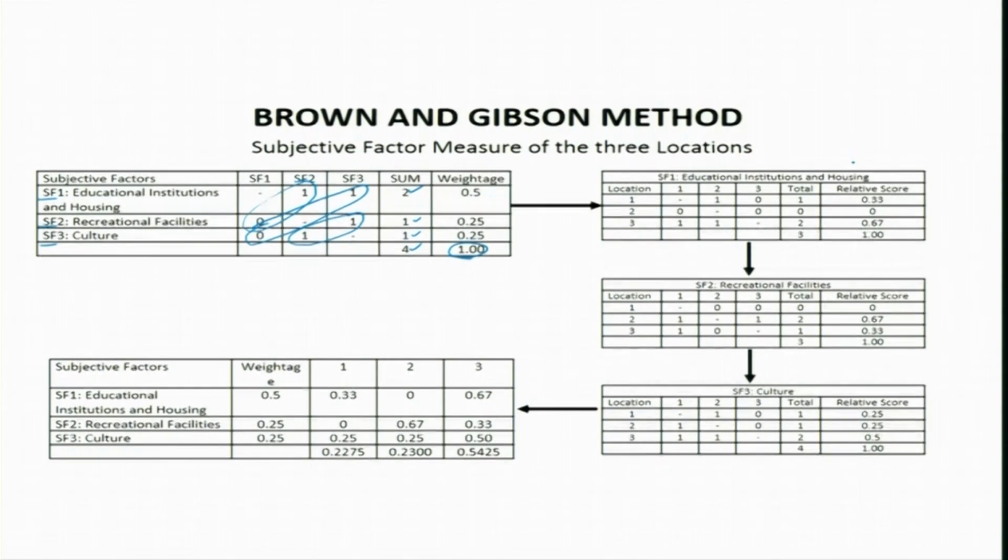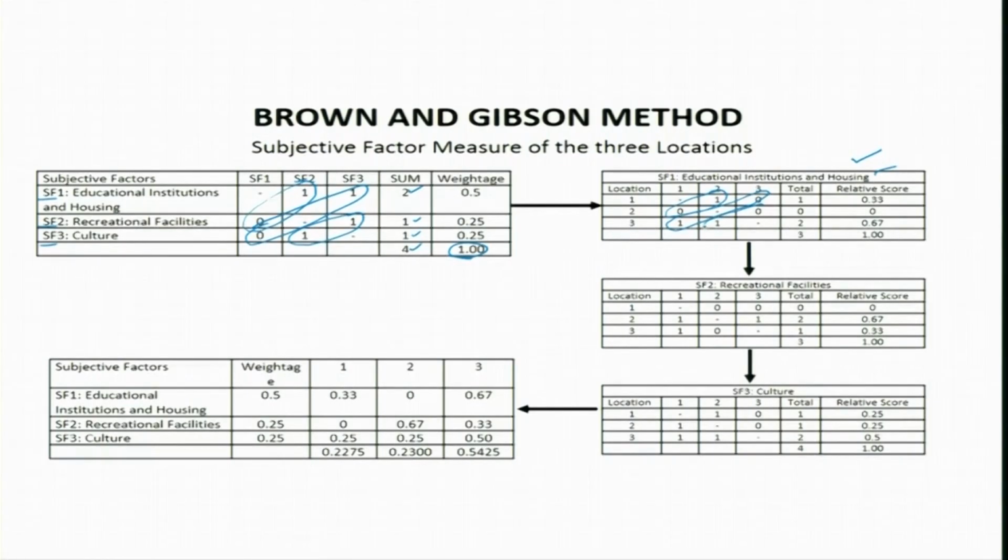Now, we are doing the scoring of the alternatives for subjective factor 1. For subjective factor 1, we will see which particular location is better. So, we compare in the same manner location 1 with location 2, and we write 1 here because location 1 is better than location 2. We compare 1 with 3, and we find that location 3 is better than location 1.